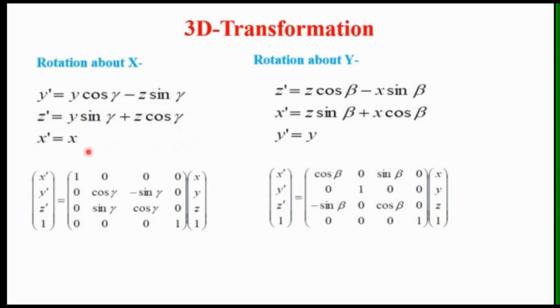So the new coordinates of this rotated object, x dash, y dash, z dash and 1, we can calculate by multiplying this transformation matrix with the original matrix x, y, z, 1. The transformation matrix contains 1 0 0 0, then 0 cos of gamma, minus sine of gamma, 0, then 0 sine of gamma, cos of gamma, 0, and 0 0 0 1.